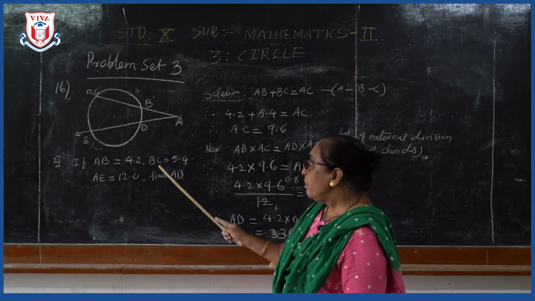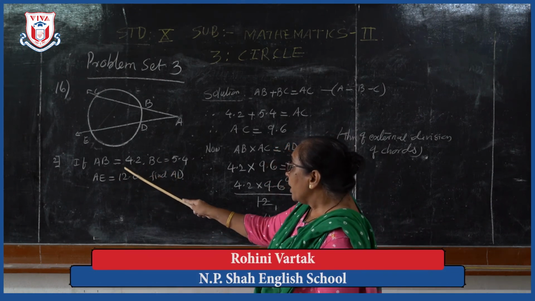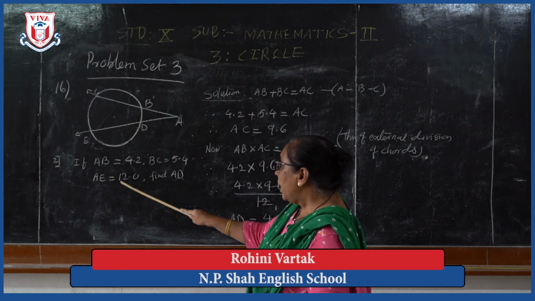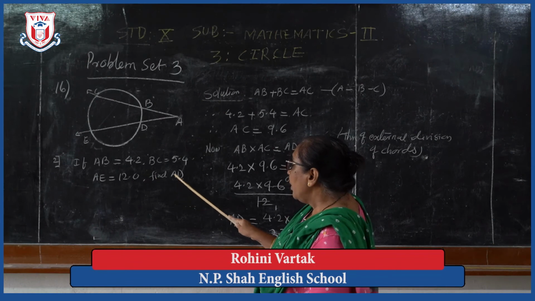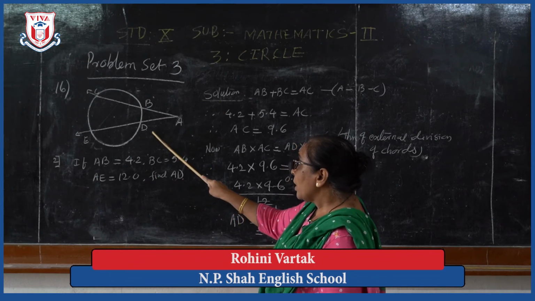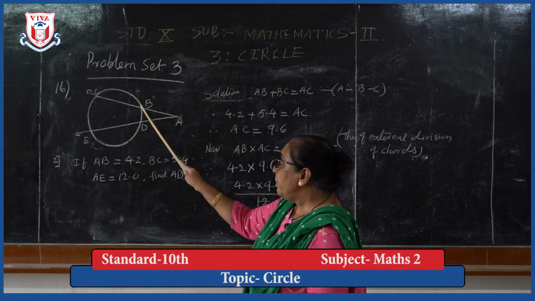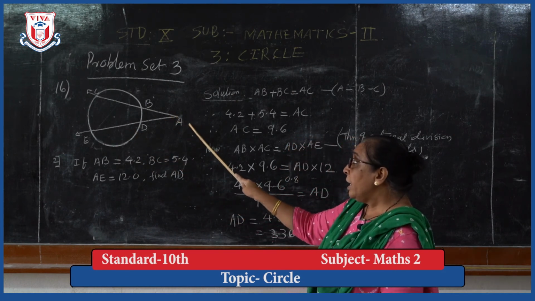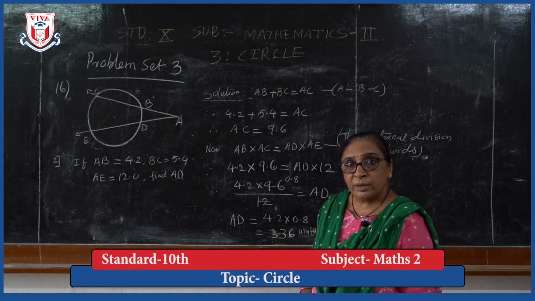In the second example, see here, AB is 4.2, BC is 5.4, AE is 12 given, and we have to find out AD. Here the two chords BC and ED intersect each other at point A in the exterior of the circle.